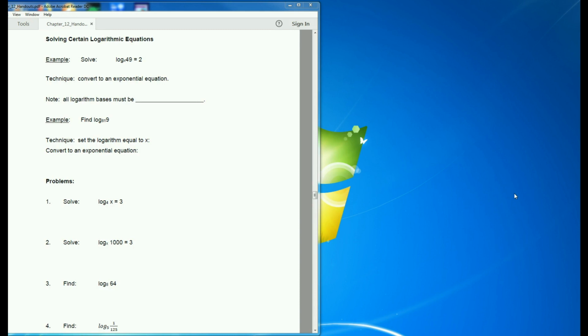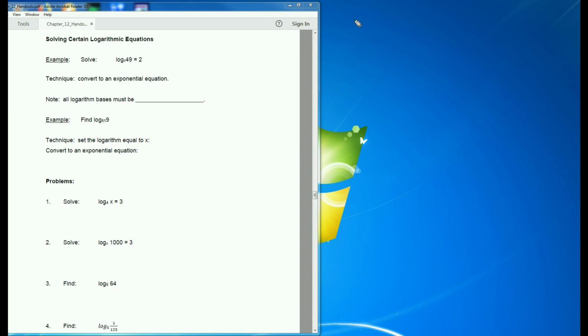All right, next page, solving certain logarithmic equations. So now we're going to learn how to solve certain types of logarithmic equations. And the technique that we're going to use is to just convert them into exponential equations. And then we can solve those exponential equations.